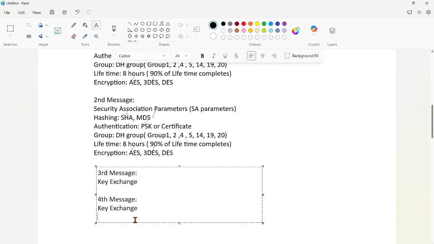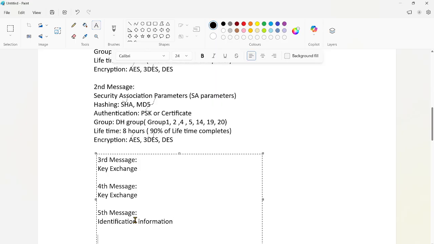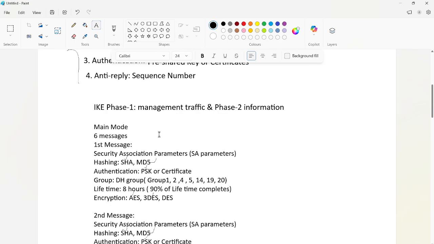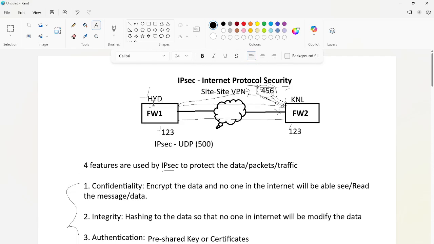Next we'll be having the fifth and sixth messages. In the fifth and sixth messages, mostly the identification information will be shared. What is this identification information? Whenever you are sending the fifth message, this identification information will contain your local network information, in the sense of private IPs, usernames, or private subnets.